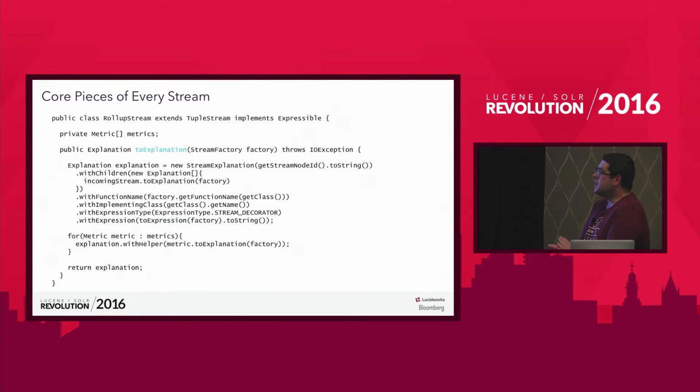All right, the explanation function. I was kind of iffy about whether I was going to mention this, but I do think it's important. This allows the admin page to function. If you haven't seen it yet, I believe it was Solr 6.0, it might have been 6.1, in the Solr admin page, right under where you can execute just a Solr query and put in all the parameters, you can ask to execute a streaming expression.